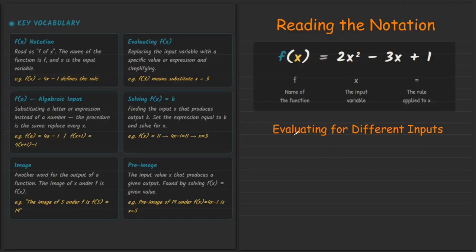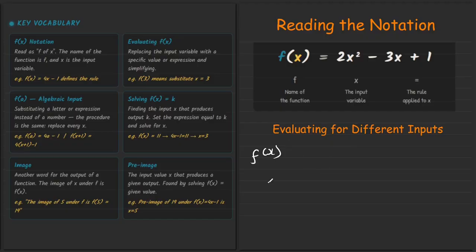With that said, let's look at how we can evaluate for different inputs. If you want to evaluate f of x for a different input, all we do is replace every x in the formula with the given input. This works for numbers, letters, or even expressions.